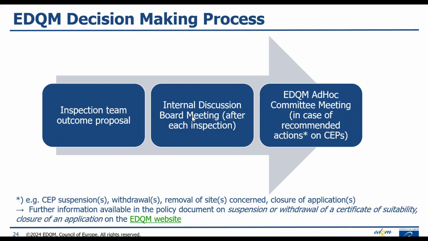After each inspection, this is discussed internally within the certification of substances department. And ultimately the outcome is confirmed or discussed there. So if it's a compliant outcome, the process would stop there.